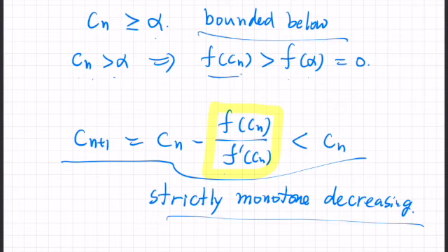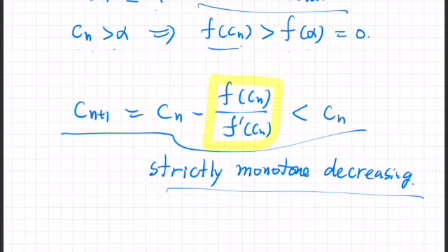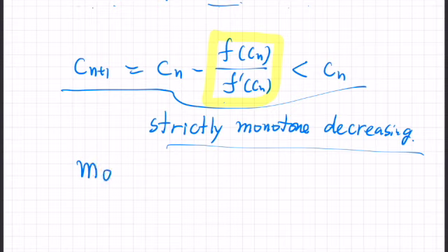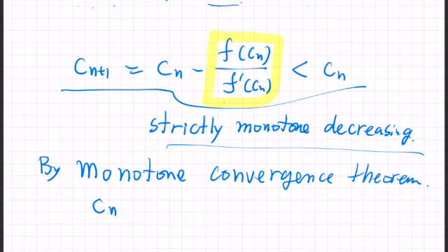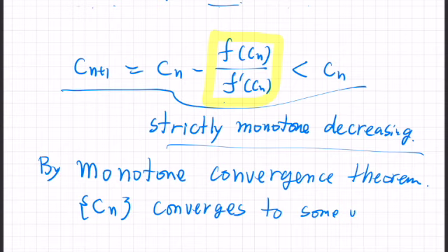If you remember the monotone convergence theorem, which we have learned before, by the monotone convergence theorem, Cn converges to some value in this interval alpha and b.